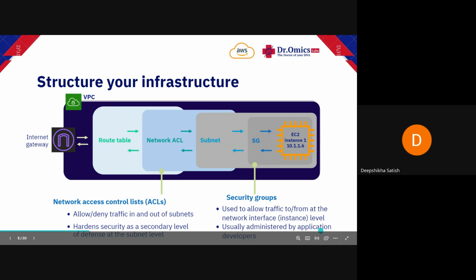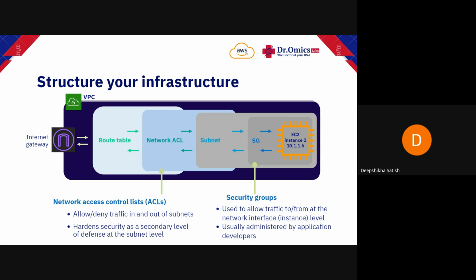Okay, then there is the network ACL. Network ACL is network access control list. This is like a firewall at the subnet level, an additional layer of security. When you want to control traffic both to and from, you have to follow some rules, like to whom to give access, allow or deny, inbound or outbound.